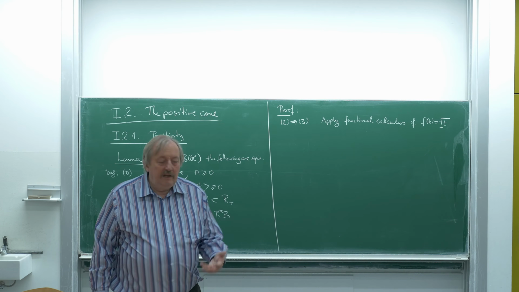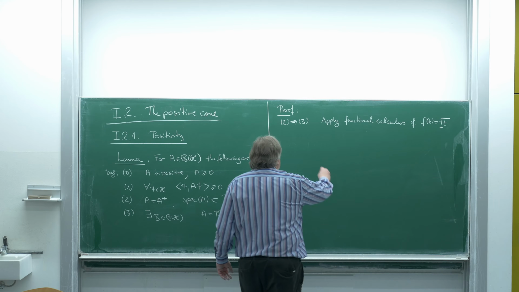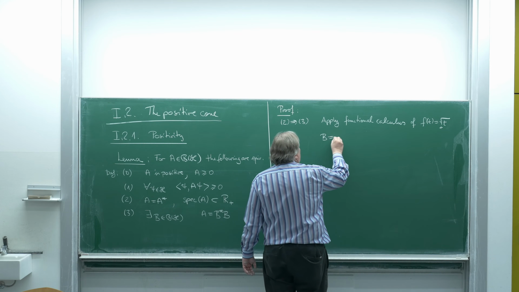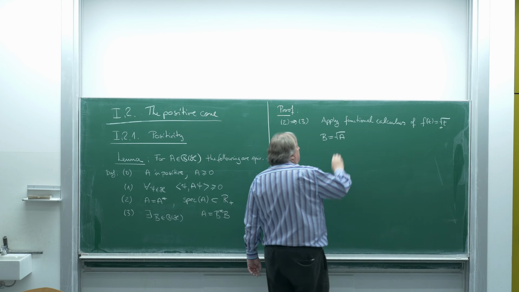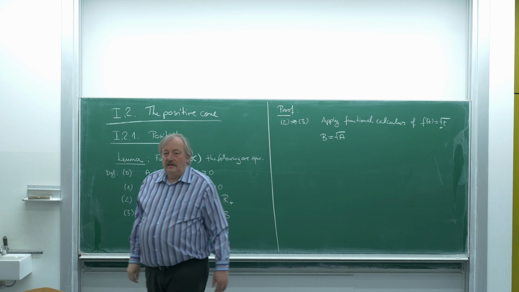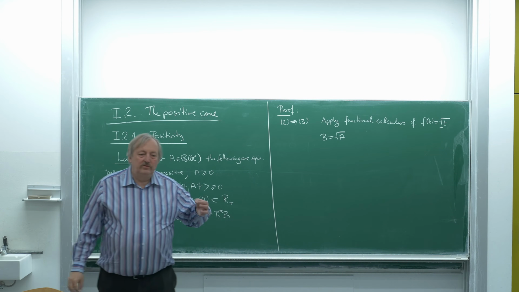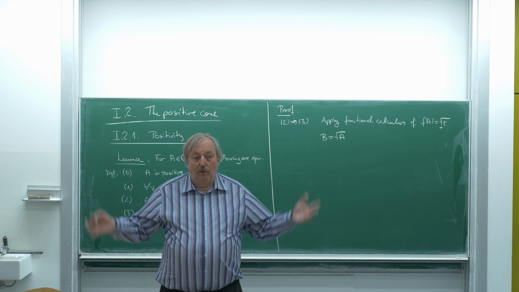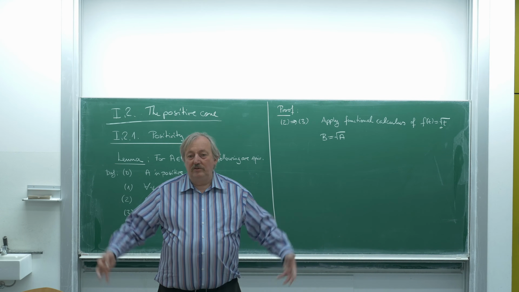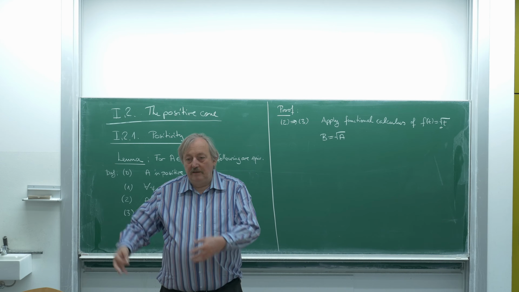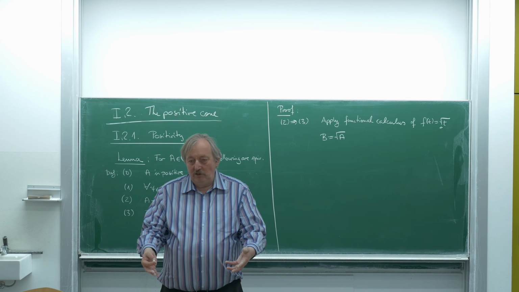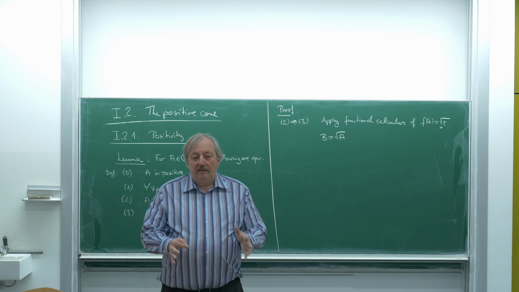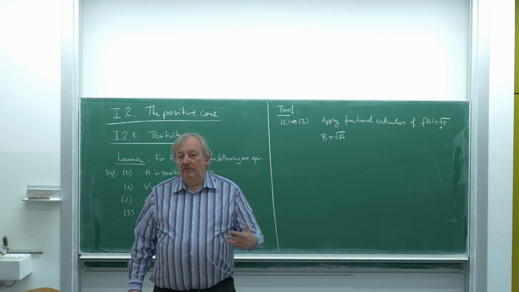Right? So clearly then, B will be the square root of A. Right? In exactly this way. So we represent the whole space, we choose coordinates if you wish, we make a unitary transformation to a concrete Hilbert space in which A is a multiplication operator. And then we just take the square root of this function.